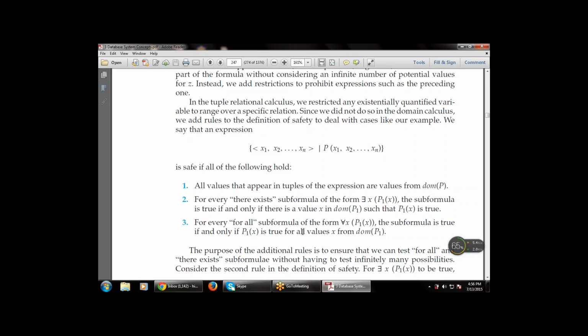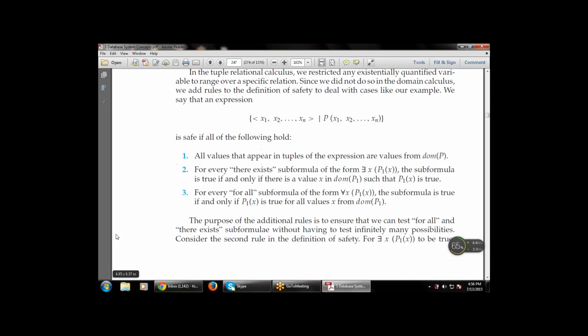And for every subformula of the form for all x P1 of x, the subformula is true if and only if P1 of x is true for all values x from the domain of P1. Now the purpose of the additional rule is to ensure that we can test for all and there exists subformulas without having to test infinitely many possibilities.